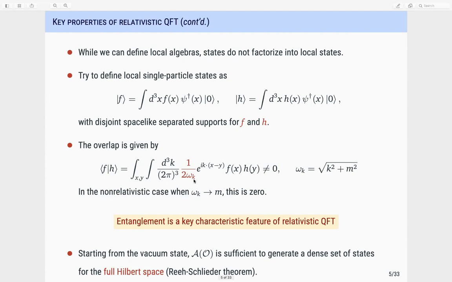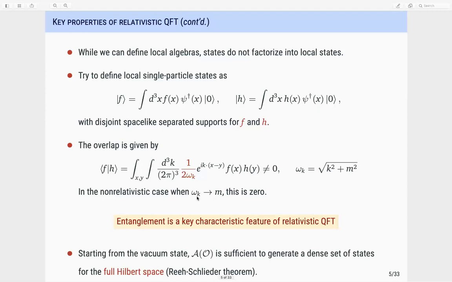The key observation here is the ω_k in the denominator, which is needed for relativistic invariance. If I look at the non-relativistic limit, where ω_k is replaced just by the mass, this integration over k gives you a delta function. The overlap of f and h is 0, therefore this integral becomes 0.